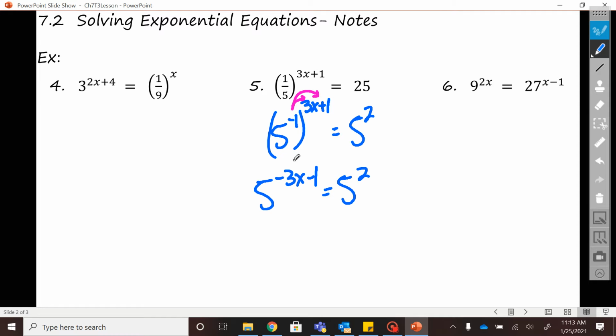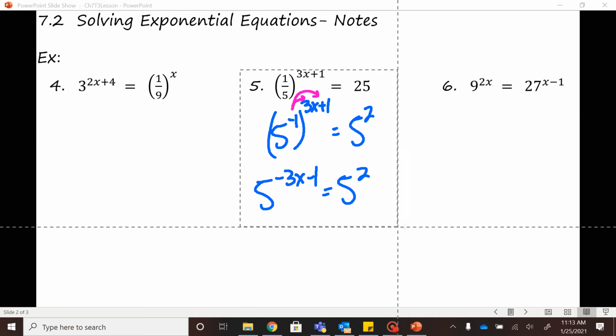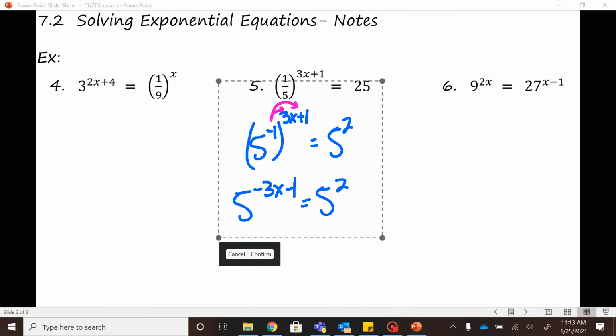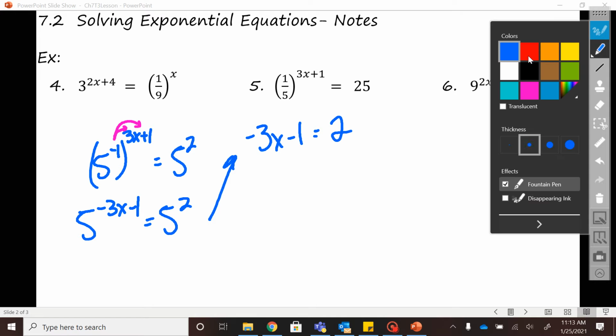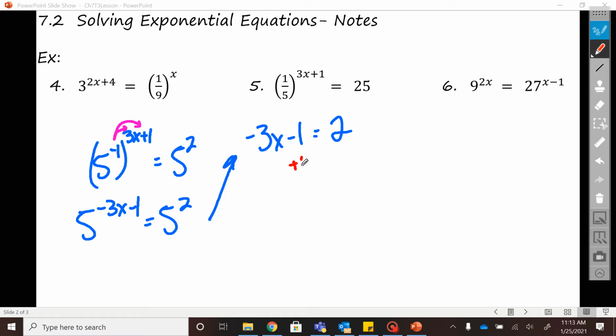And now that the bases are equal to each other, I can set the exponents equal to each other. So I can set negative 3x minus 1 equal to 2, and then solve. Add 1.